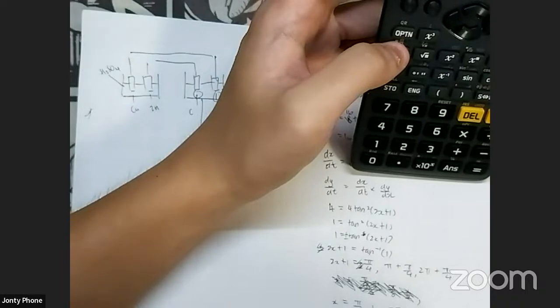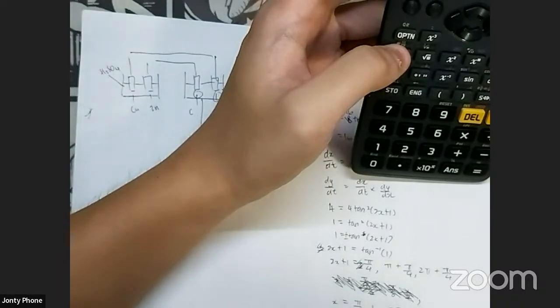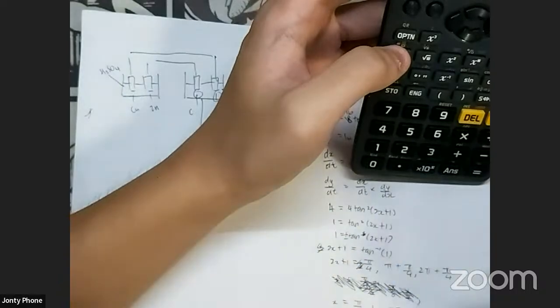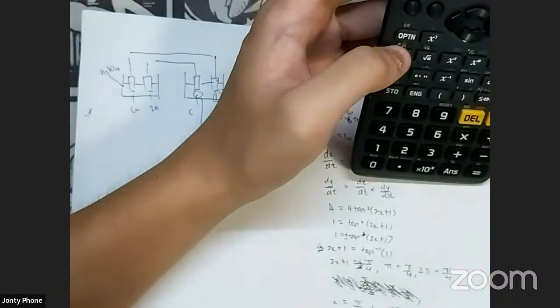The 2 pi plus pi over 4 is correct though. So just check that it is not in range. I'm pretty sure of that. I made a mistake.